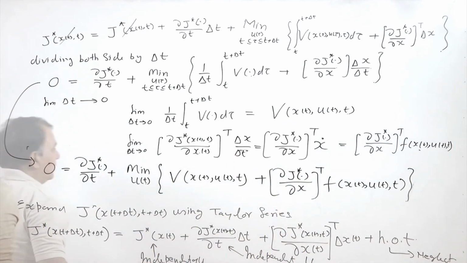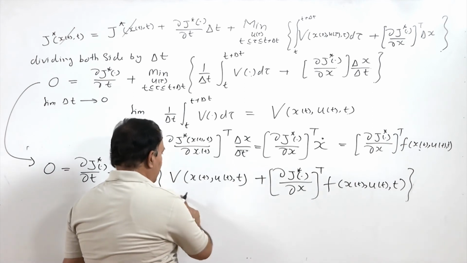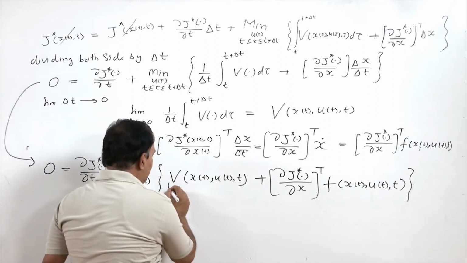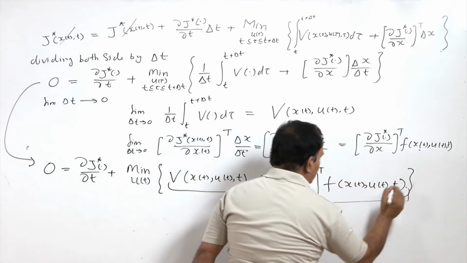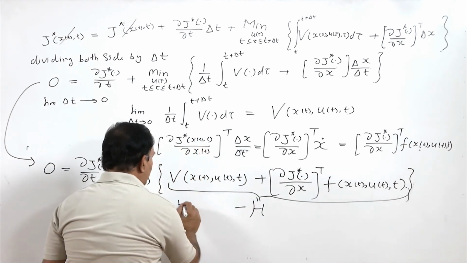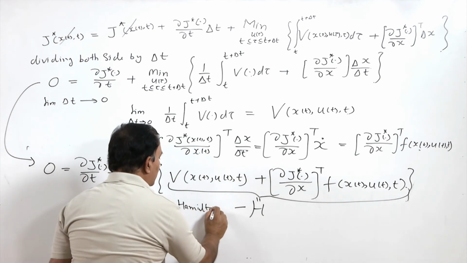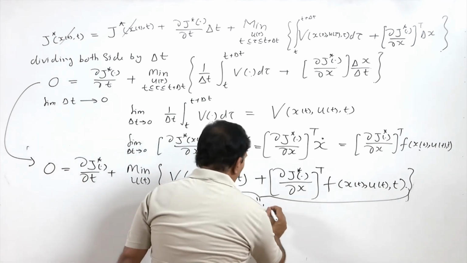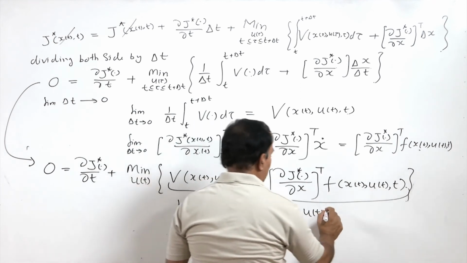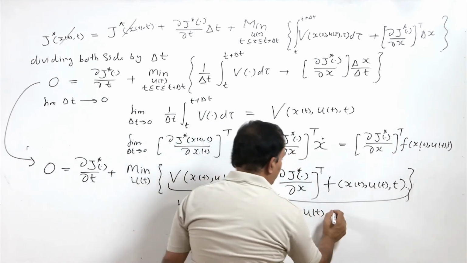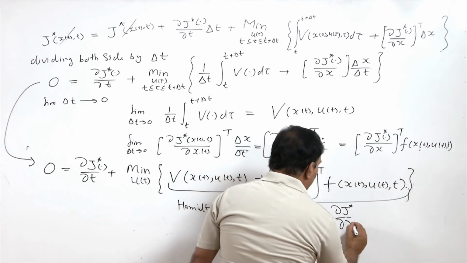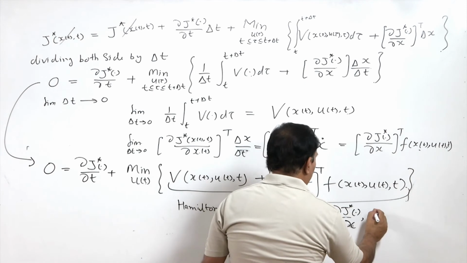So now I will define this whole term as my Hamiltonian, which will be a function of x, t, u, t, del j by del x, and naturally t.